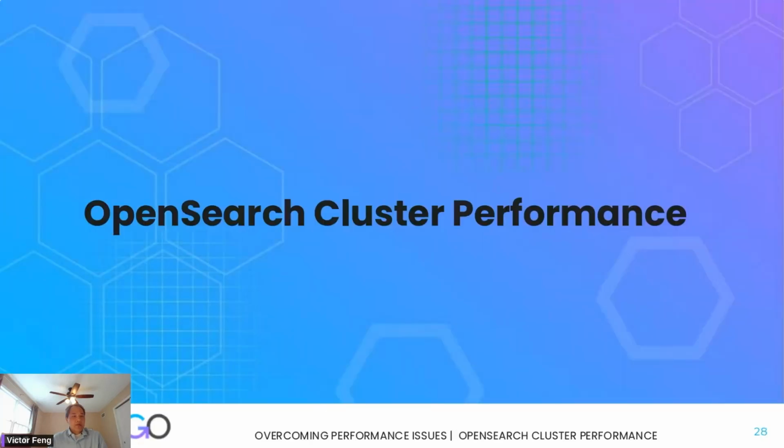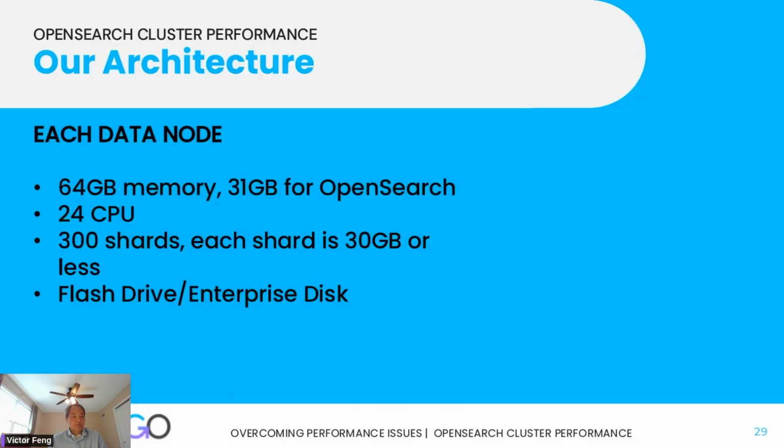Now let's go to the second part, OpenSearch cluster performance. In SCI, our data nodes have 64 gigabytes of memory. 31 gigabytes of that is allocated to OpenSearch.